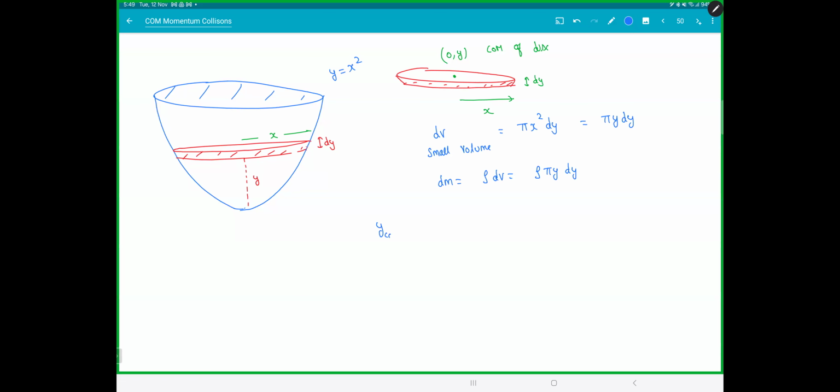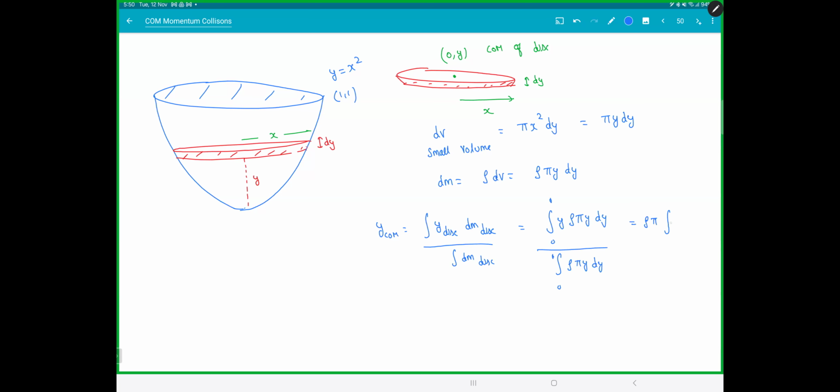So y center of mass will be, so basically for each disk you have a center of mass. You're finding center of mass of these disks. The y center of mass of the disk times mass of this disk by total mass. This will be y rho pi y dy. Y coordinate goes from 0 to 1 because this topmost point is 1 comma 1, by rho pi y dy, 0 to 1.